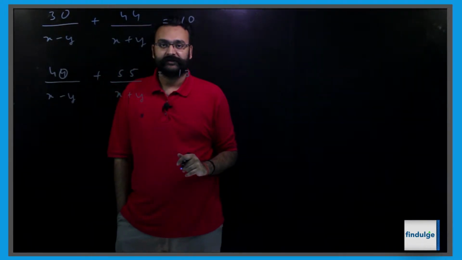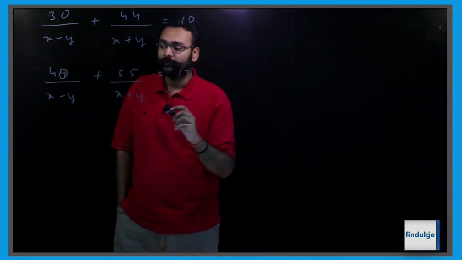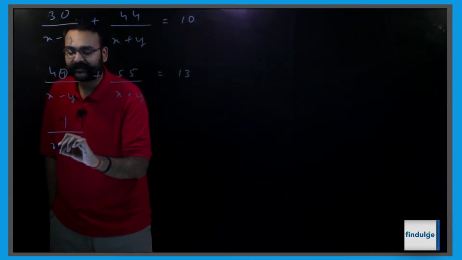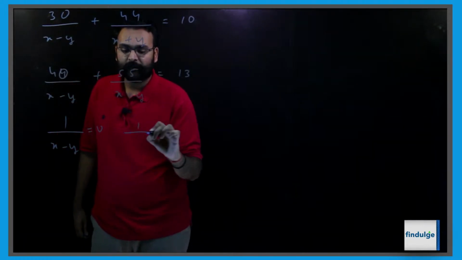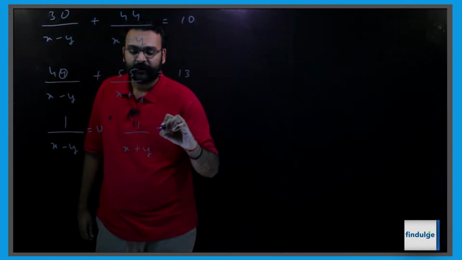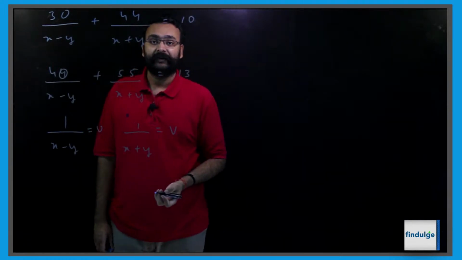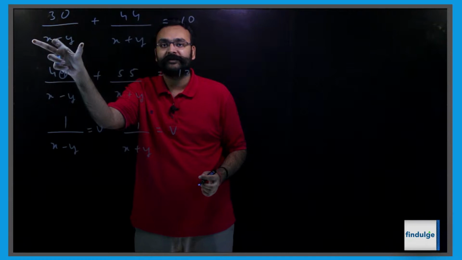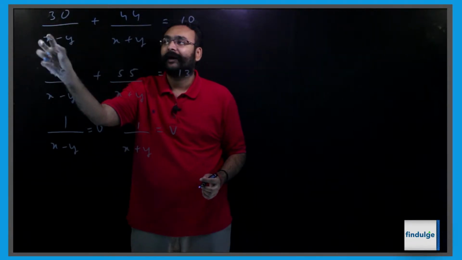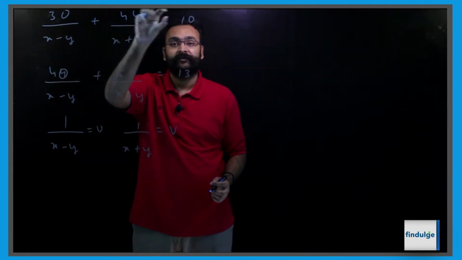These are our equations. As I said, you will take 1 upon x minus y to be equal to u and 1 upon x plus y to be equal to v, which means clearly this 30 upon x minus y gets replaced with u, like this.